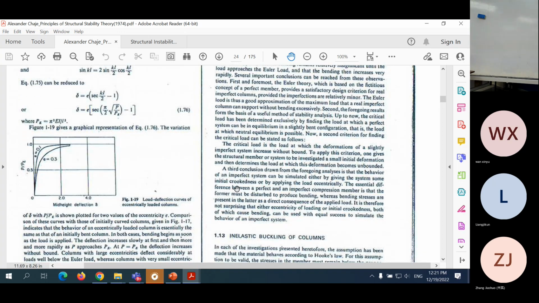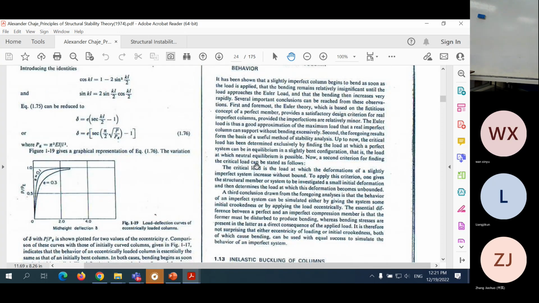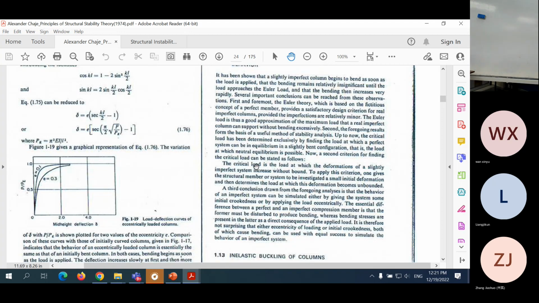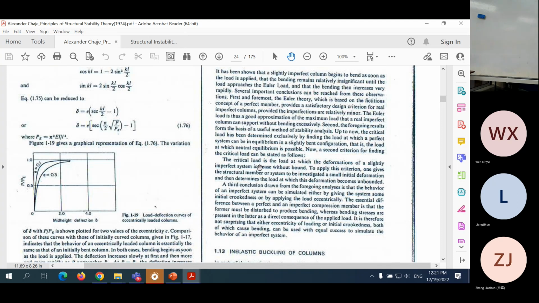So please go through this. Now, what I want to explain here is this part, which we can take as another criterion, another criterion for the definition of P critical.